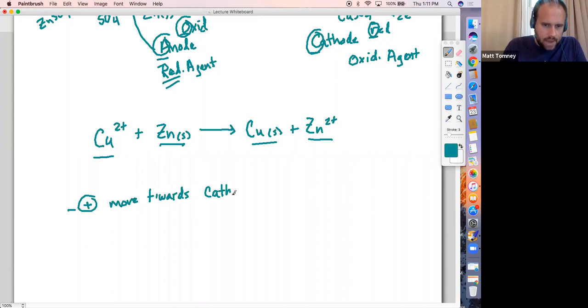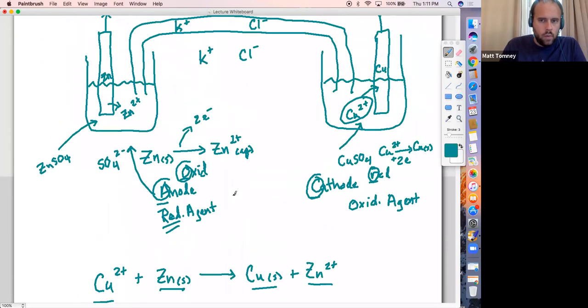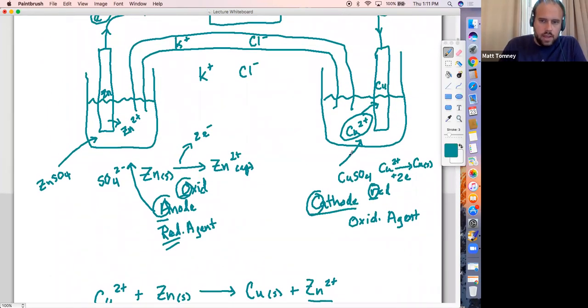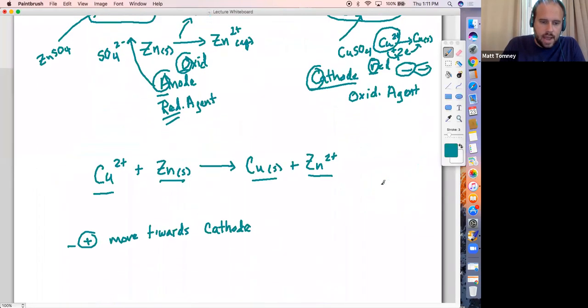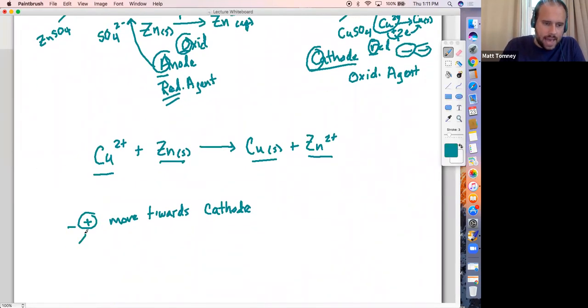So the reason for that, if we go back up and look, is that when we take a look at what's going on in the cathode, there are electrons that are being removed from solution, right? So you've got copper 2 plus, it's gathering up electrons in solution, and then it is going to create solid copper. So if I'm removing negative material here, then that means that I would have a migration of any cations available towards that area to help balance that out, okay?